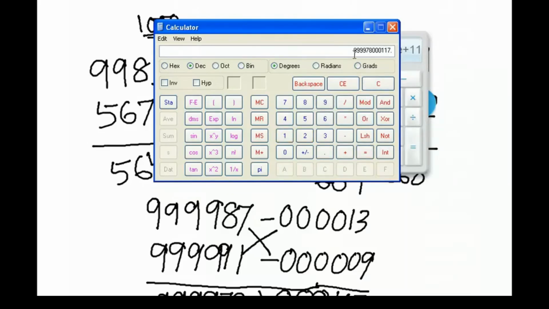It gives me the answer. If you look at it, our answer is absolutely correct.